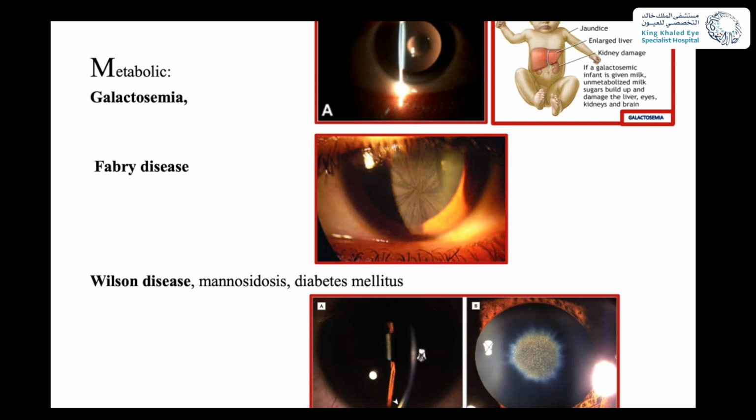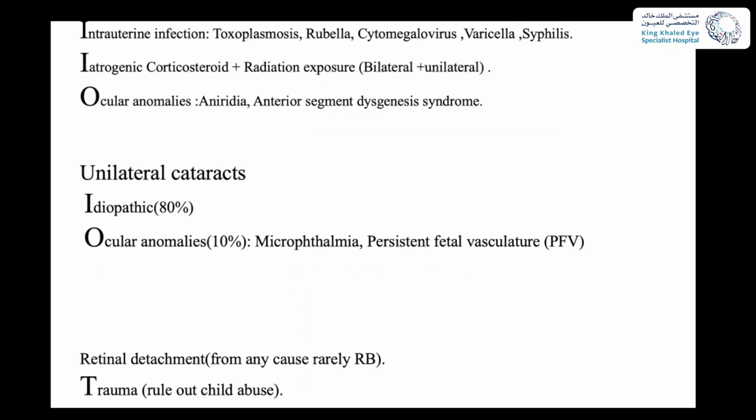It could be Fabry disease, and you can see some changes. Wilson disease, and you can see some deposits in the lens capsule. Intrauterine infection, toxoplasma, cytomegalovirus, varicella, or heterochromia. Corticosteroid topical treatment, or systemic or radiation exposure, which we have encountered sometimes after radiotherapy in retinoblastoma ending with radiation-induced cataract.